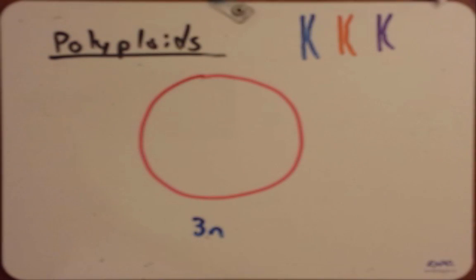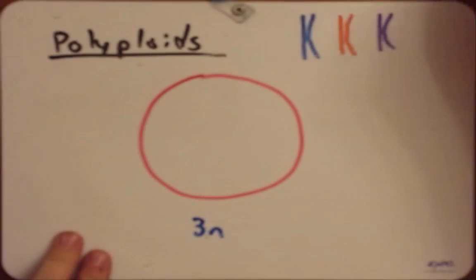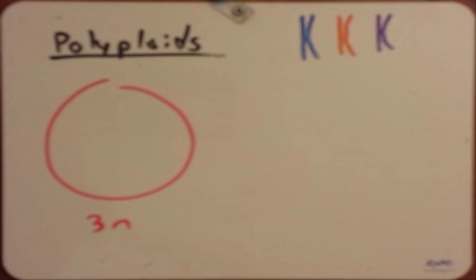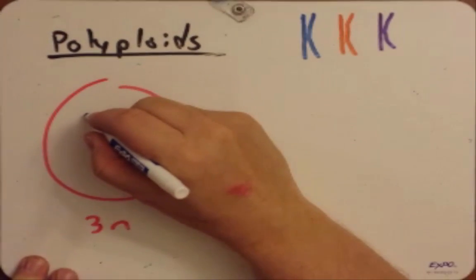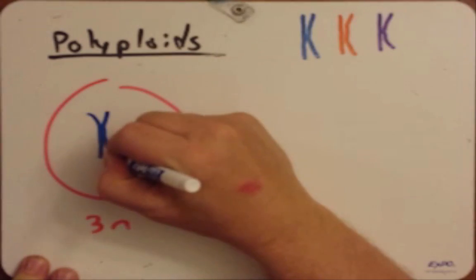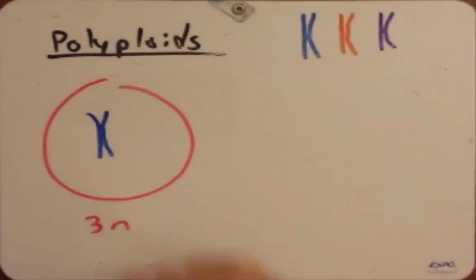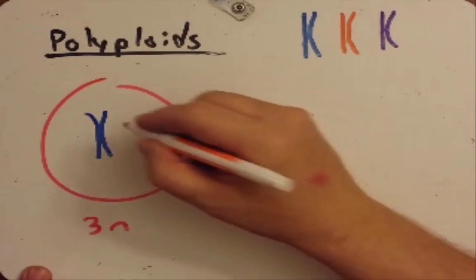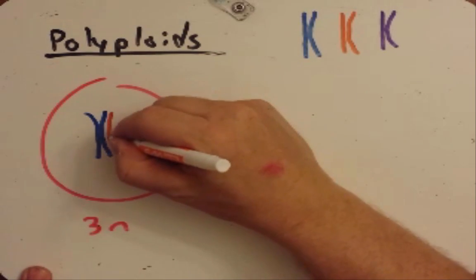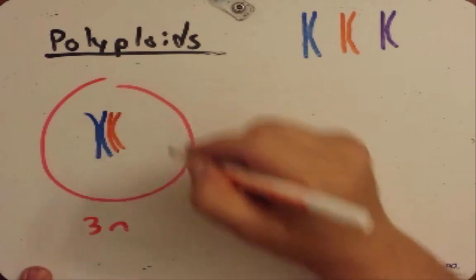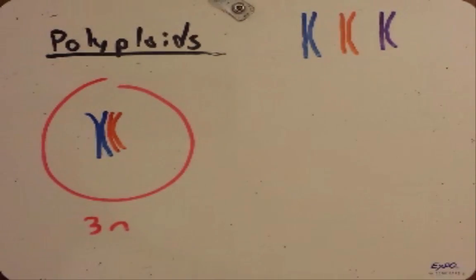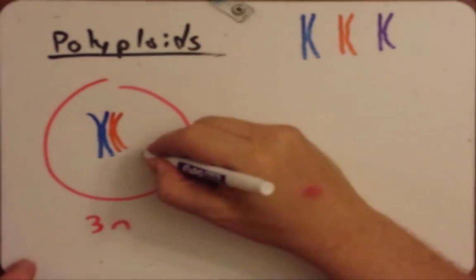And when these line up along the metaphase plate, in fact, I'm going to move this circle over. When these line up here and begin to separate, you could imagine a situation where the orange and the blue here pair together, are kind of stuck together, and then this purple one is by itself here.